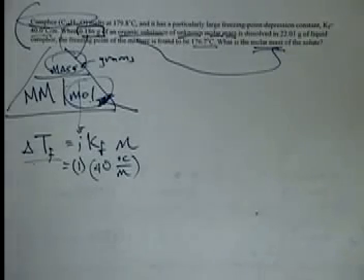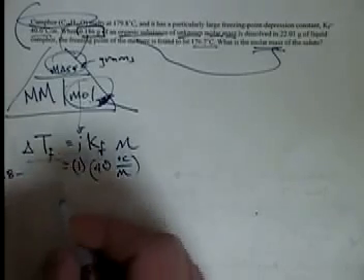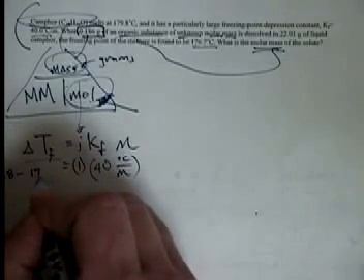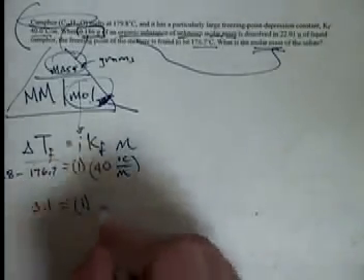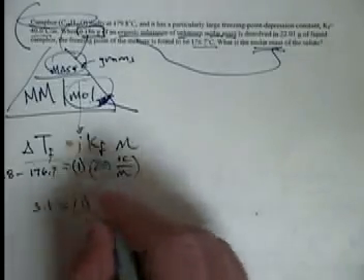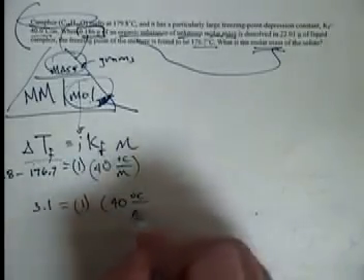We can calculate the change in the freezing point, or the freezing point depression, by taking our 179.8 and subtracting from that the depressed value, 176.7. So there's a 3.1 degree difference in our freezing temperatures. This is equal to 1 times our 40, our freezing point depression constant, degrees Celsius per molal.